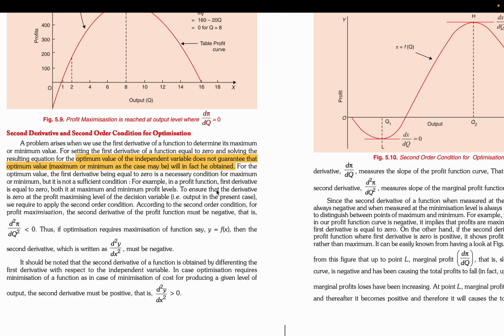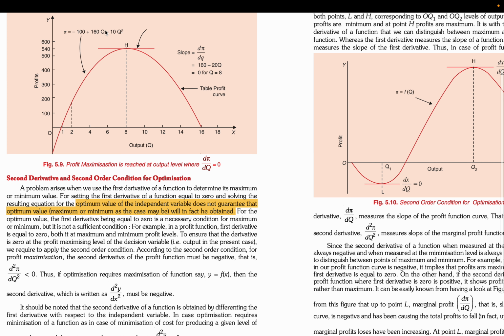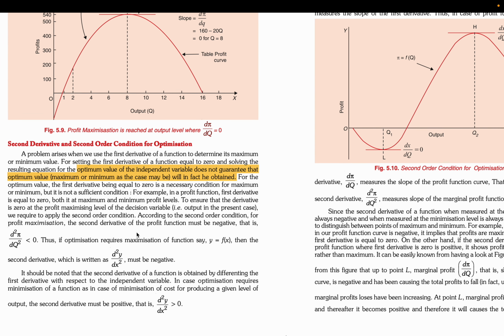For example, in a profit function, the first derivative is equal to 0 both at maximum and minimum profit levels. To ensure that the derivative is 0 for the profit maximizing level of the decision variable, which is output in the present case, because that is what is contained in the profit function, according to the second order condition for profit maximization, the second derivative of the profit function must be negative.